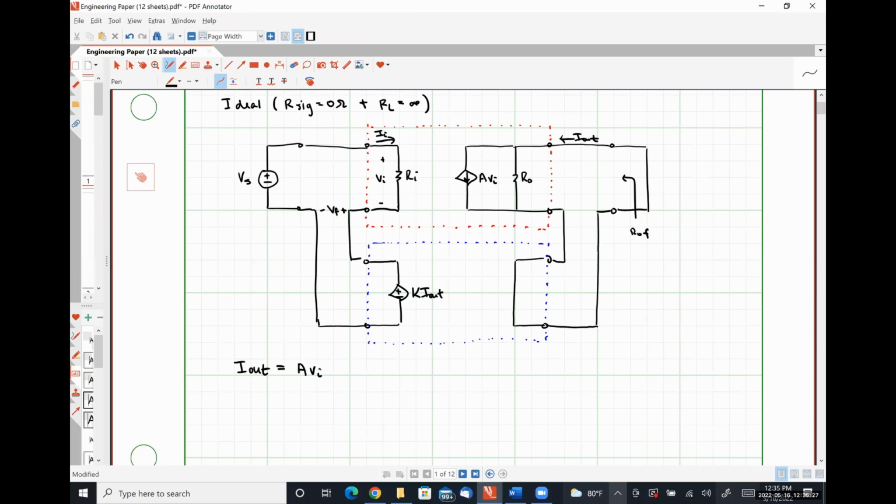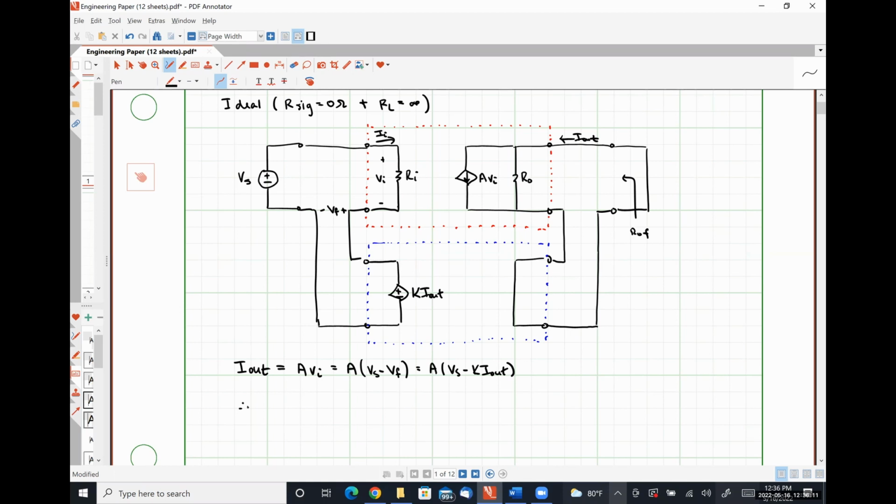So effectively, in the ideal case, all of the current that's being supplied by that dependent source, A VI, is going to flow through that short circuit and bypass the output resistance R naught of the open loop amplifier. And so this is A times VS minus VF, or A times VS minus K I out.